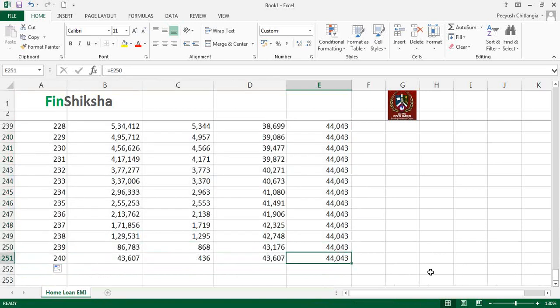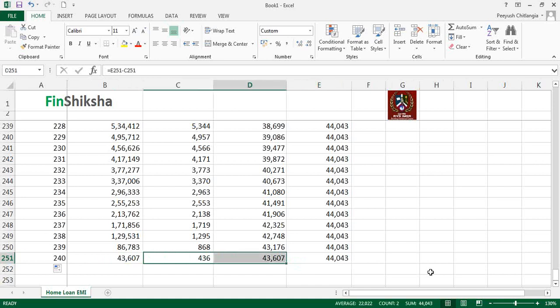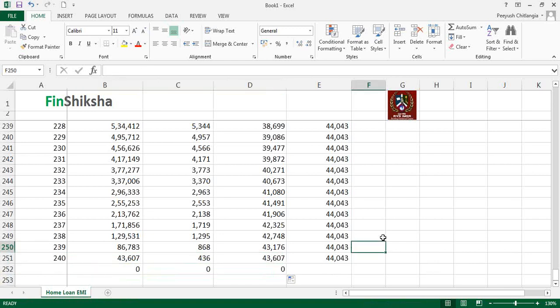Now you note that at the end of the period you have about 43,607 outstanding, out of which, after which this final payment gets done. And if you were to extend this calculation for one more month, these three line items for one more month, you will note that you had an outstanding principal of 43,000 in the last month.